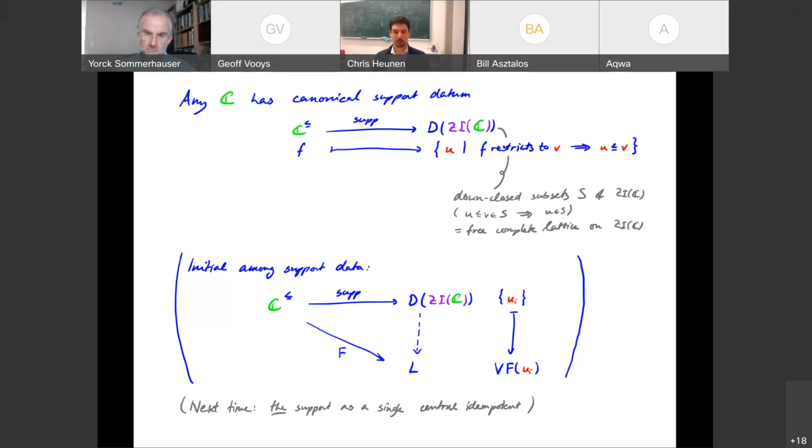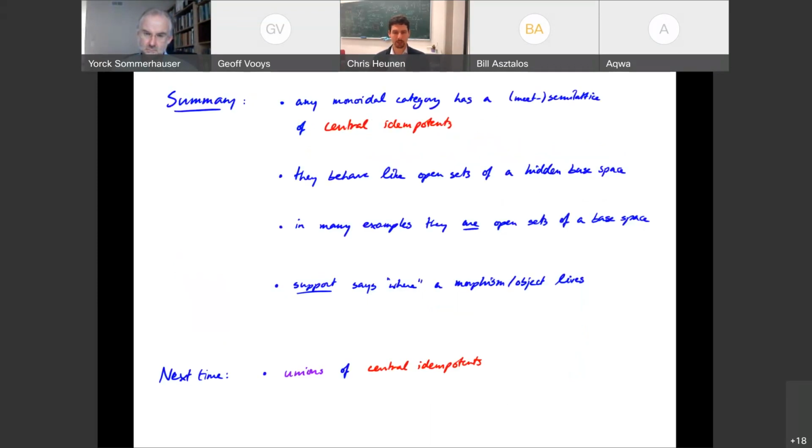For example, the frames that we were talking about. In that case, you can talk about the support. So now we've defined the support of a morphism as the collection of central idempotents that it lives over. If your central idempotents have something like sups, then you can talk about the central idempotent that it lives over. But that's for next time.